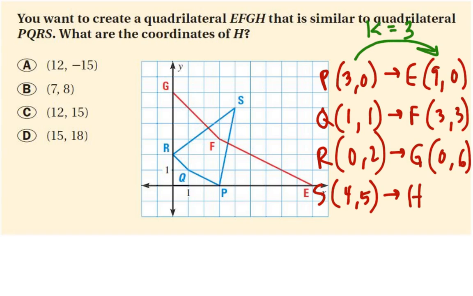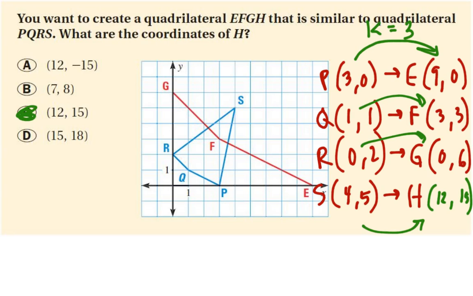I can verify that with all of the rest of the coordinates. From Q to F, multiply x and y by 3, and you get the image points here. Same thing with R. So the scale factor works in all of those cases. So if I apply the scale factor to H as well, then 4 times 3 is 12, and 5 times 3 is 15, which is going to give me answer C.